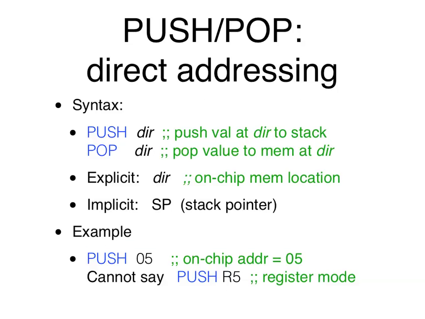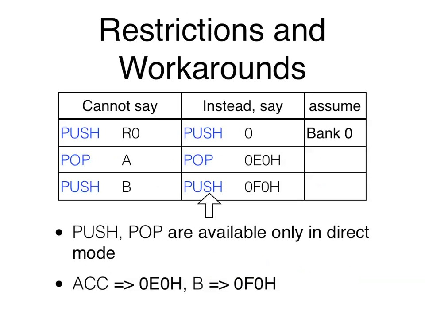And for PUSH, this is really just to show you again. You've seen PUSH a direct address or POP a direct address, and now the stack pointer is implicitly addressed. Okay, and you can't say PUSH of a register, so instead of PUSH R0, you have to say PUSH 0.